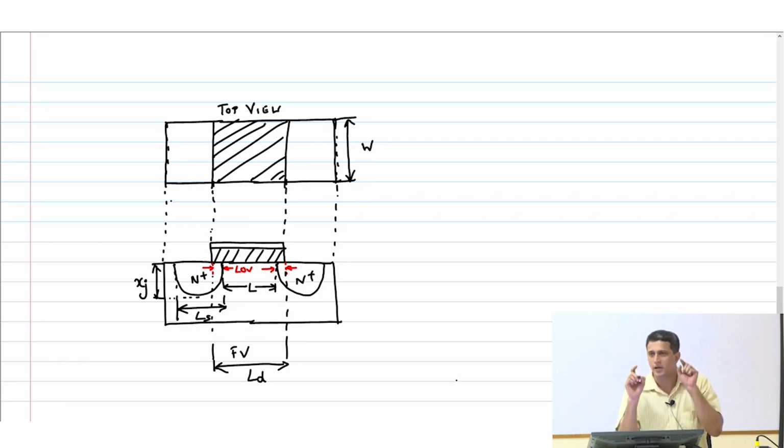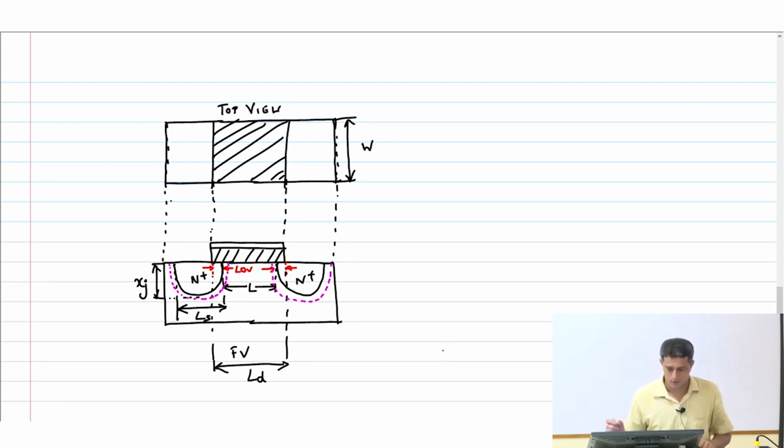Now clearly you can see that these two regions to the left and right of the gate oxide are my N plus regions. And there is now going to be a depletion region that forms all around it. If you look at the diffusion region here, let me draw it in magenta, it will be like this. I am now going to map that diffusion region on top.